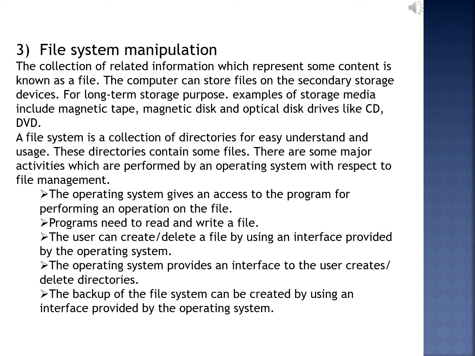The user can create or delete a file by using an interface provided by the operating system. The operating system provides an interface to the user to create or delete directories. The backup of the file system can be created by using an interface provided by the operating system.